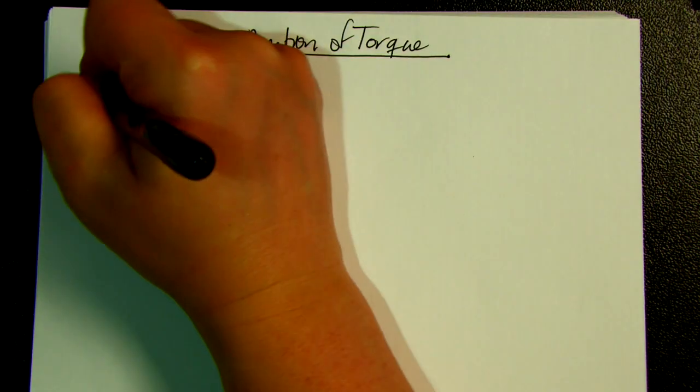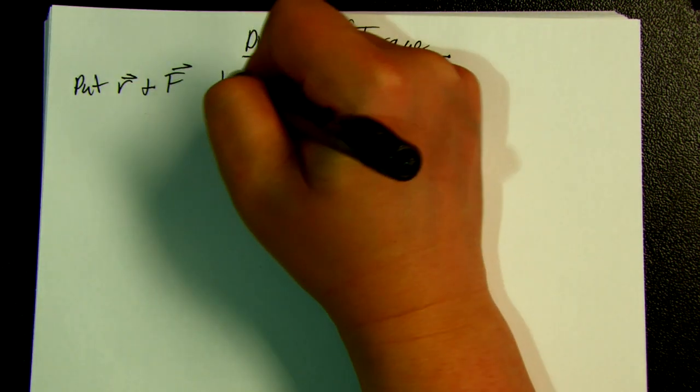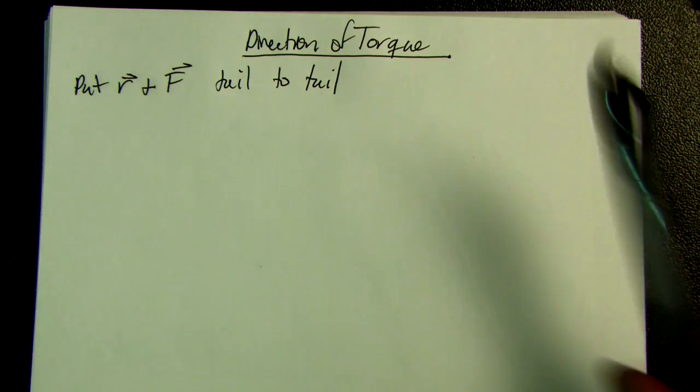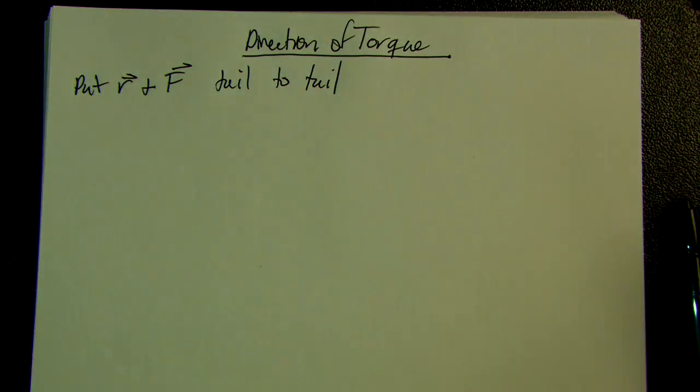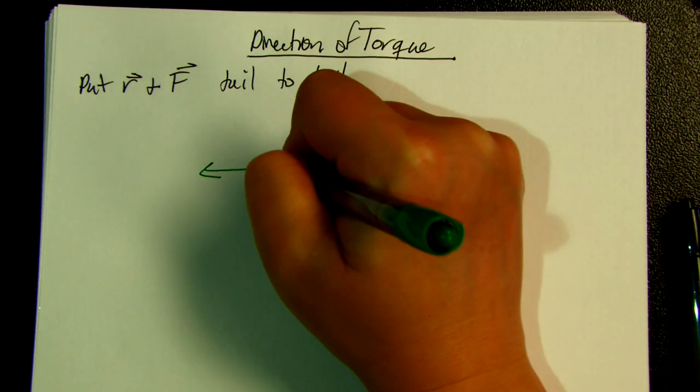All right, the direction of torque. So you want to put R and F tail to tail. So in the picture we just drew, they were not tail to tail, but if we move RA over, we can fix that.